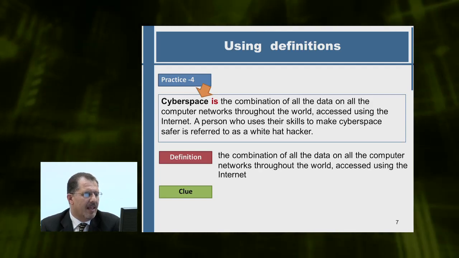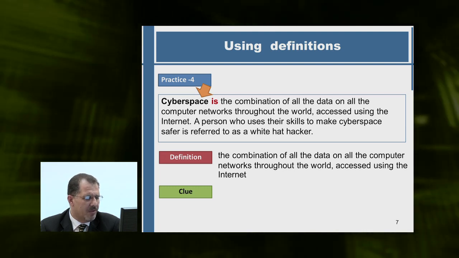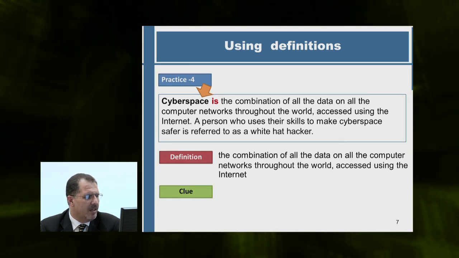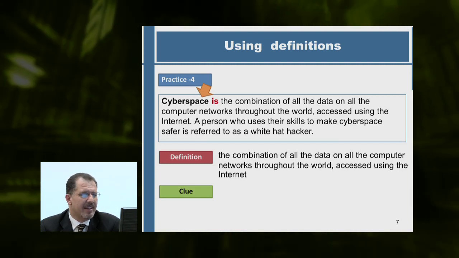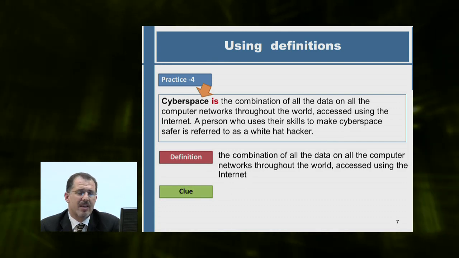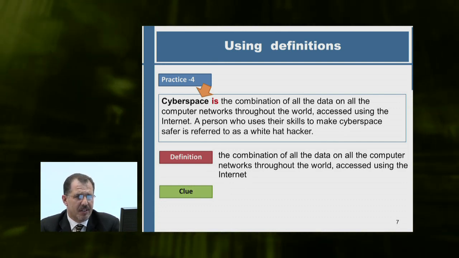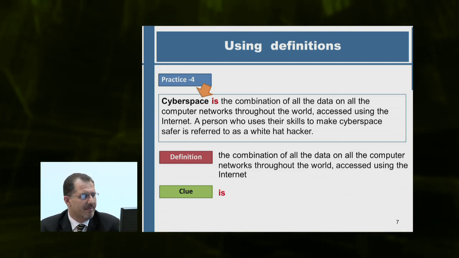What is cyberspace? The definition is the combination of all the data on the computer networks throughout the world, accessed using the internet. Why do we say this? Because the clue here is the verb to be, is. So what comes after is the definition. The clue here is is.